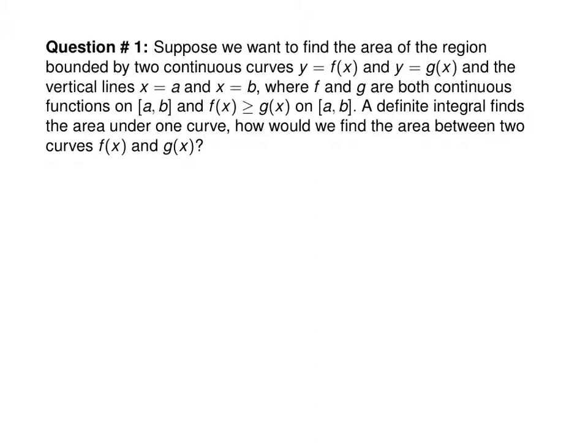Okay, so suppose we have two curves, and they're continuous, and we are going to assume that f of x is greater than g of x on the interval from a to b. So let's draw a function f of x in red. So here's y equals f of x. Let's draw g of x in blue.